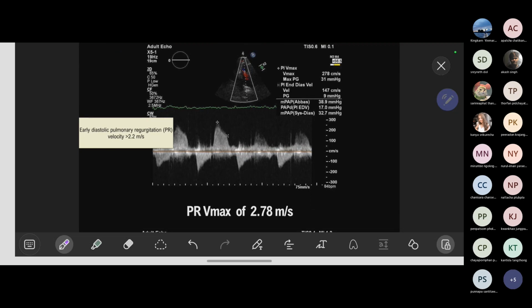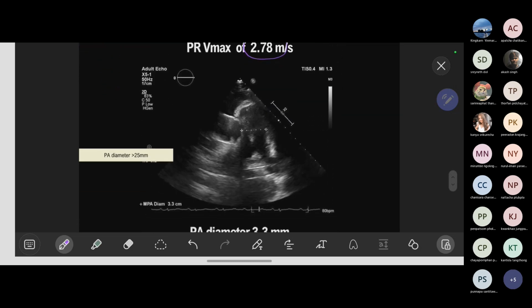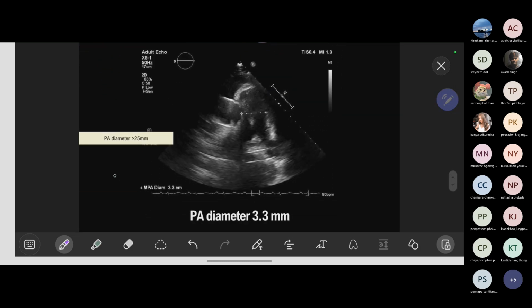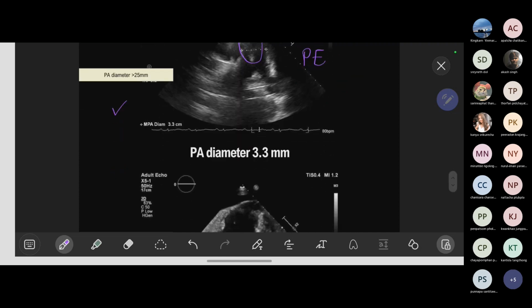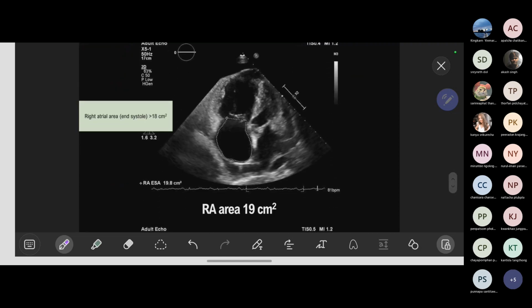Next is measurement of PR max velocity, which is 2.7, and the pulmonary artery category is abnormal. PA diameter is abnormal, and this is a thrombus in the pulmonary artery, which is pulmonary embolism. RA area is more than 18.